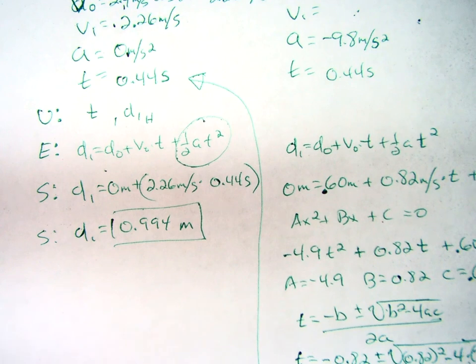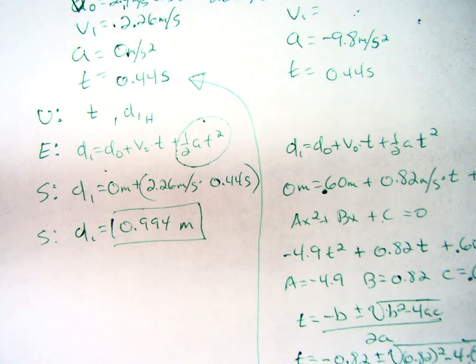Okay, so the key to these problems is to break the givens into the two dimensions, horizontal and vertical. It's two one-dimensional problems, and make sure that you don't write the acceleration due to gravity in the horizontal dimension. And then think about time. Time is a scalar.